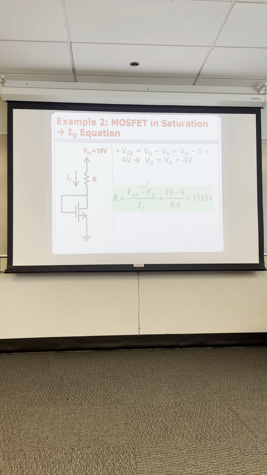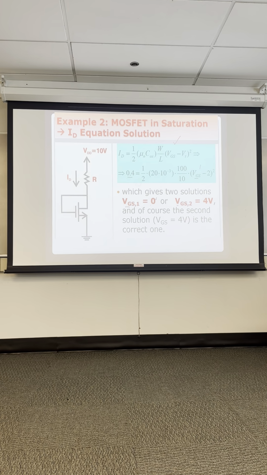The battery, 10 volts, minus the 4 volts here, divided by the drain current, is 15 k ohms. In resolving a problem like this, the unknown was the gate to source voltage, but it's only one unknown, so we do not have to get a quadratic equation to solve it.